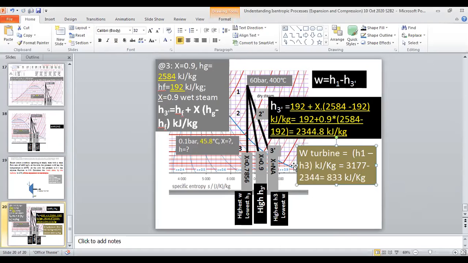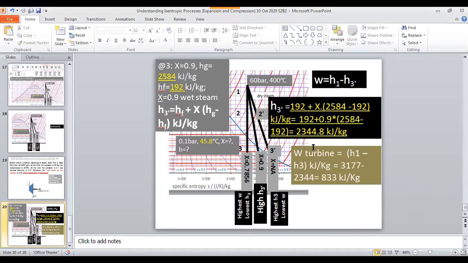W turbine is 833 kilojoule per kilogram.